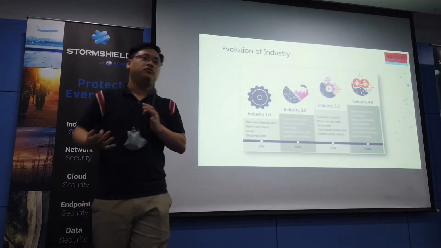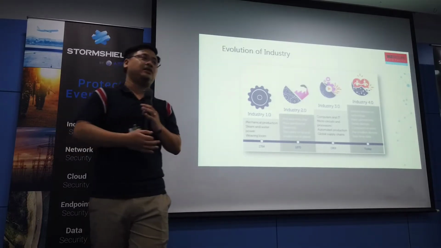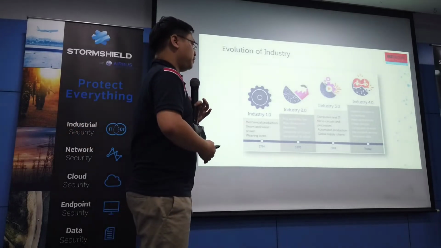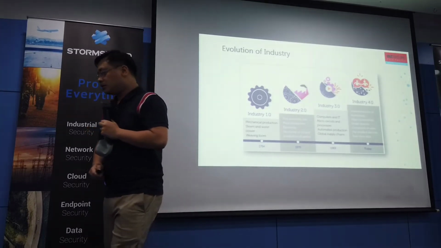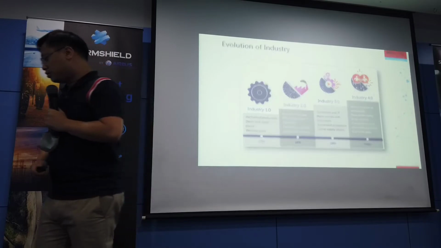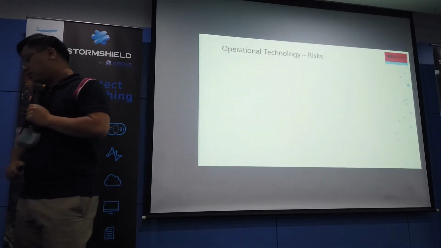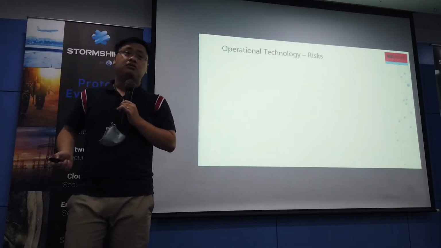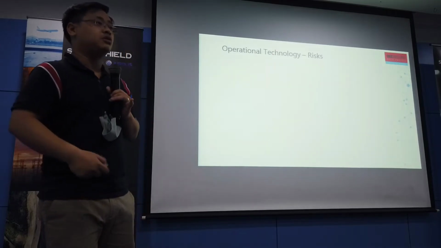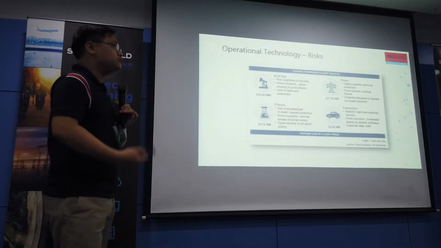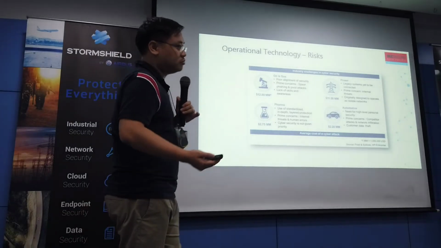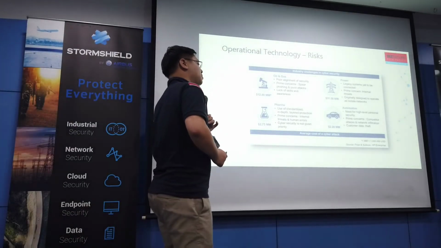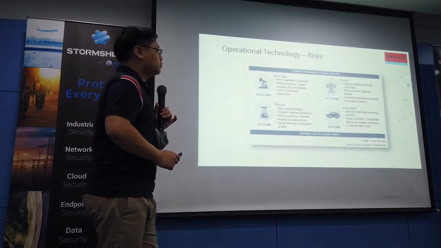So we have to come up with different types of attacks that were not previously in Industry 3.0. As a result, you have new risks, new vectors of attack, new problems. And let's take some examples.